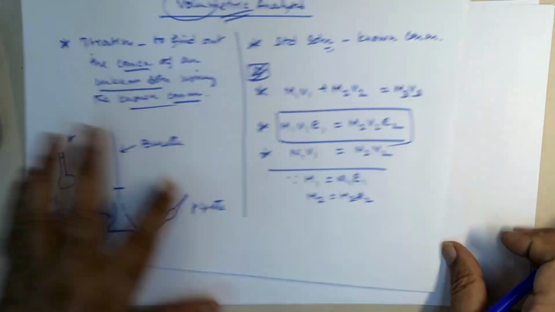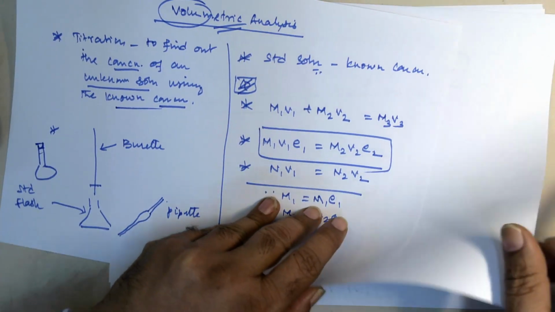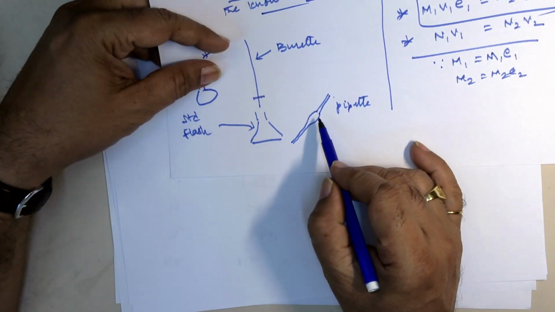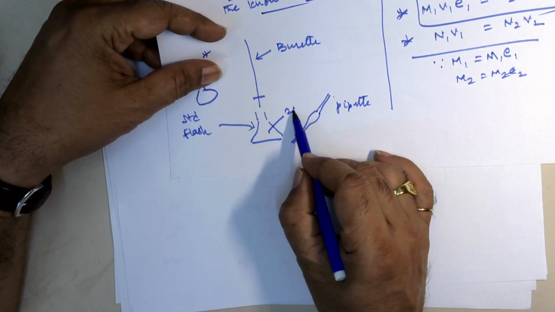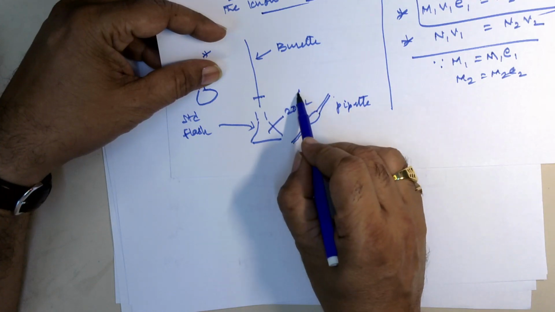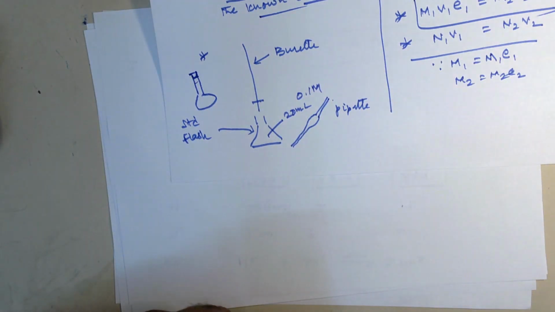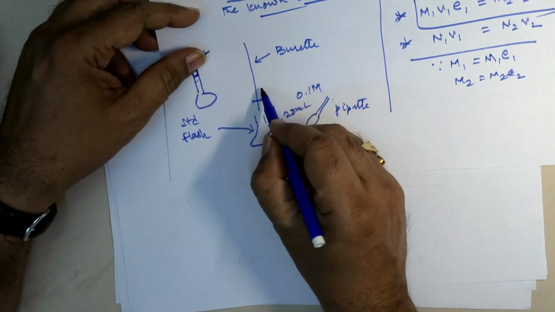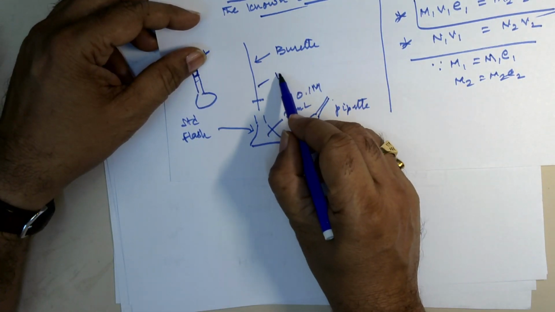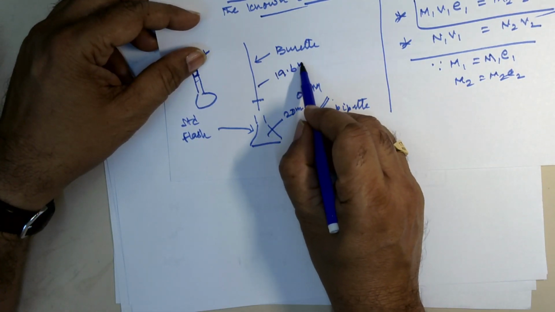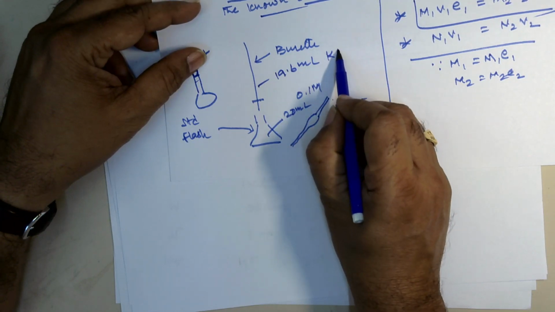For example, let us say we have taken 20 ml of oxalic acid of known concentration, say 0.1 molar, and we have got around 19.6 ml of KMnO4.